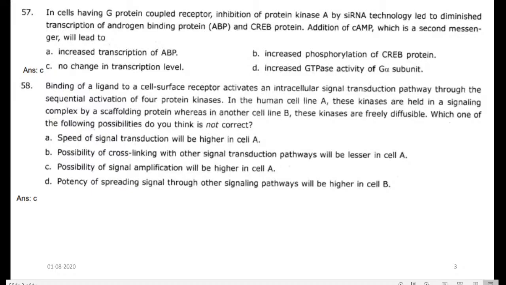In the water soluble pathway we have G protein activation. After G protein activation, protein kinase is activated, and it helps activate the protein. In this pathway, cyclic AMP is additionally added as a secondary messenger, and addition of this secondary messenger leads the full upcoming pathway.